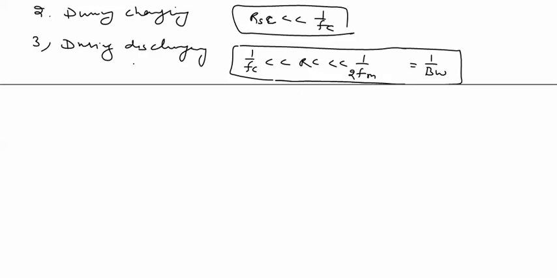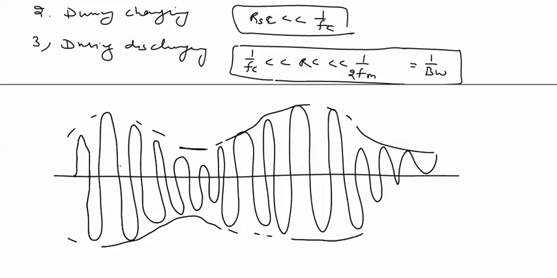During discharging and during charging, we draw an AM waveform and apply the envelope detector on it. We construct an AM waveform applied to the envelope detector during the charging cycle. The sine wave rotates in this way. At this point in the circuit, the capacitor is charged.